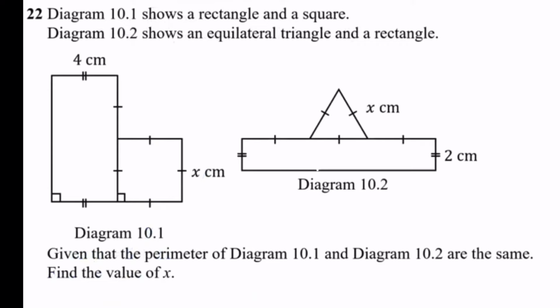Alright, so we are going to work on the diagrams right now so that we can find all the perimeters, and then we will equate the perimeters for both diagrams. Basically, when you see a question like this, where they give you a diagram, it is actually part of the HOTS questions.